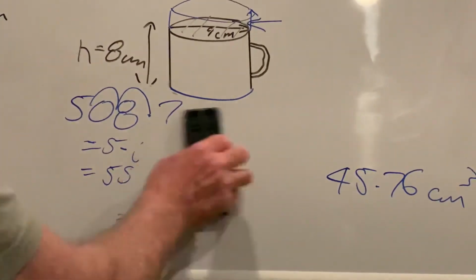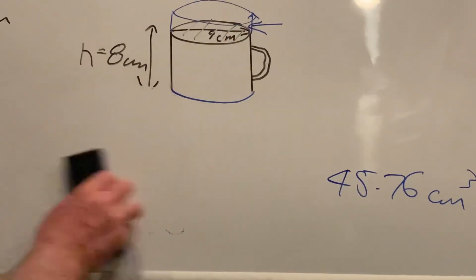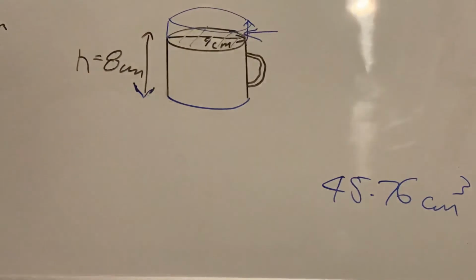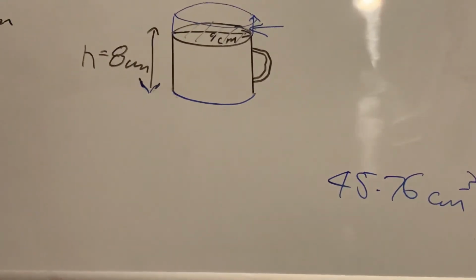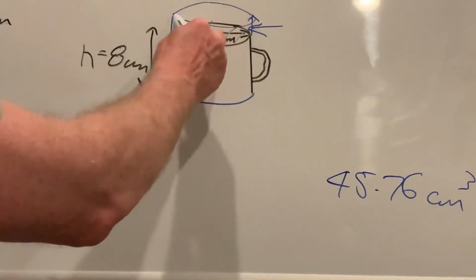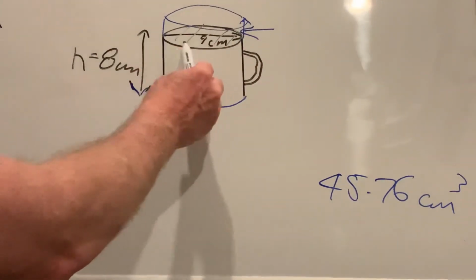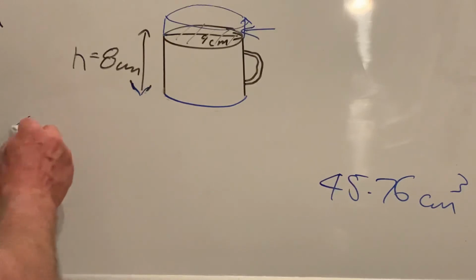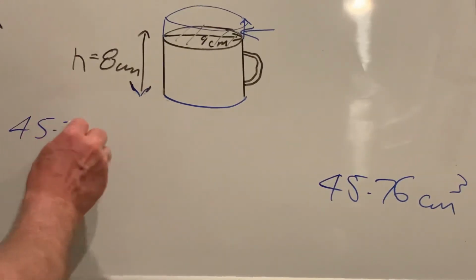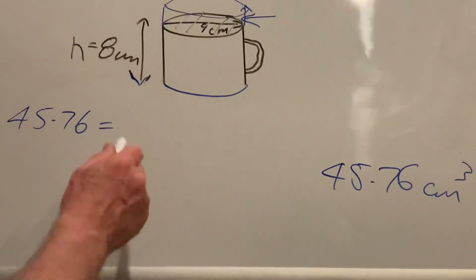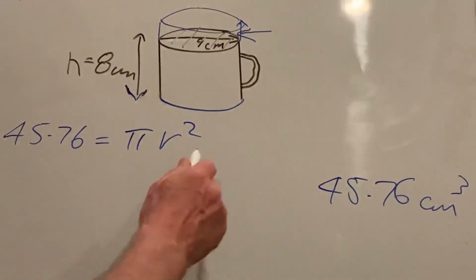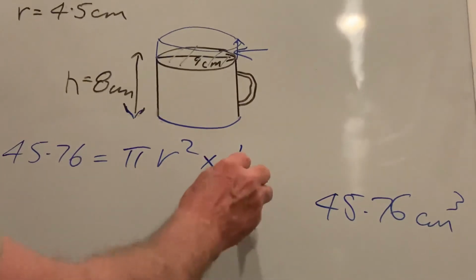How far above the top of the cup has it gone? Well, funny you should ask. Because we know the volume of this cylinder on the top is 45.76, and we know that equals pi r squared times h.